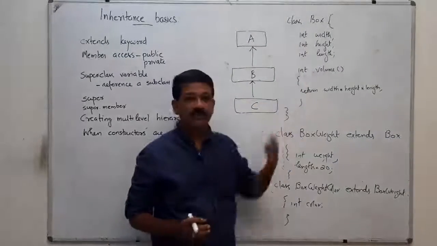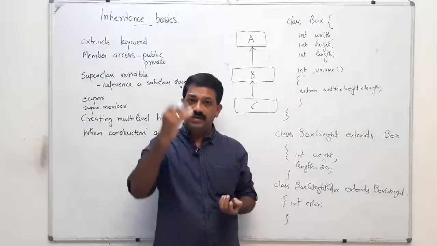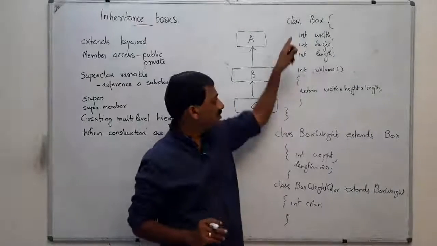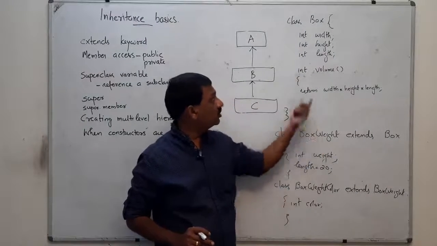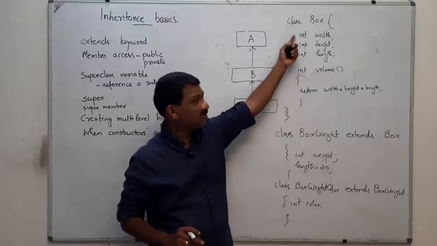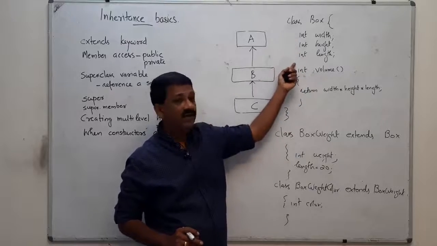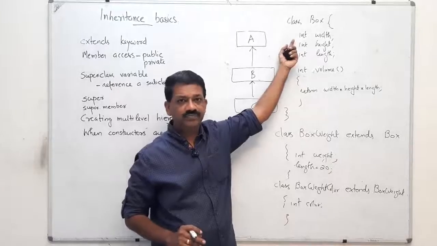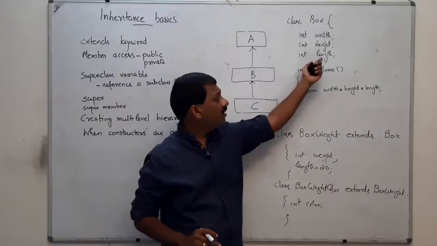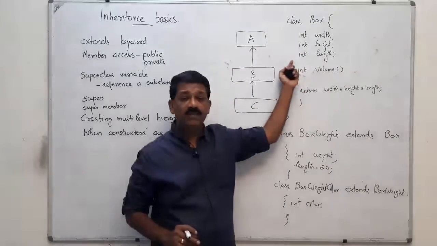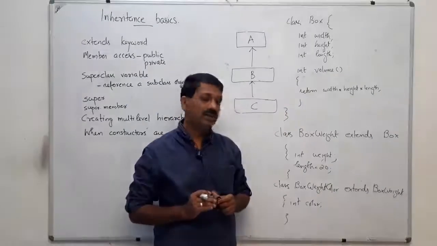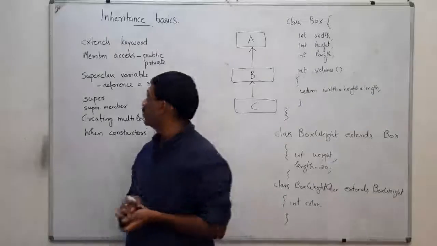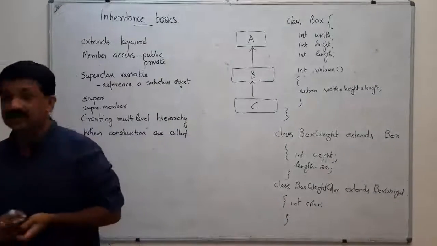That means when you are creating BoxWeight, it includes all the variables which you have defined in Box. But if you have defined this as private, it is not accessible to its subclass. So that's all about member access.